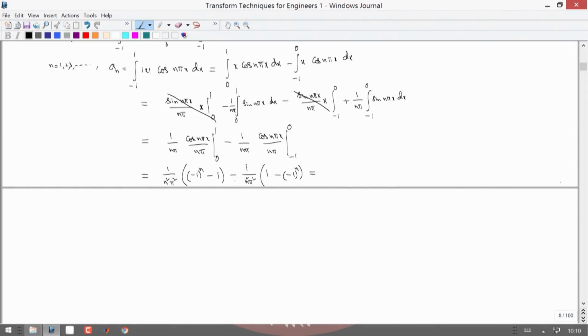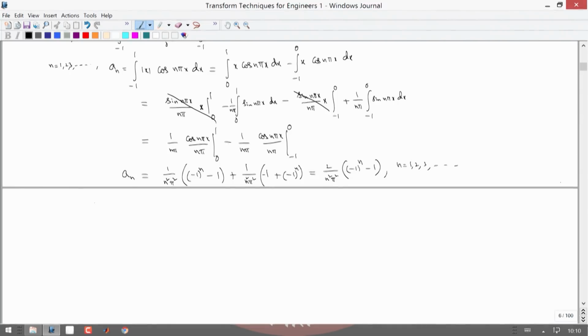So, this, if you see, this is minus, this is minus minus plus, you put it here minus, and this is plus, these are same. So, you have finally 2 by n square pi square times ((-1)^n - 1). So, this is what is the a n for n running from 1 onwards.